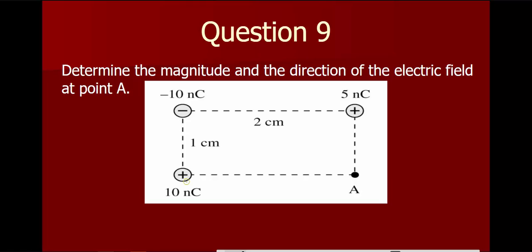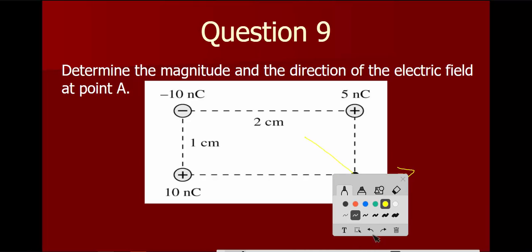So first off, let's look at these fields. So positive is gonna put a positive field here, right? This one is gonna attract or repel us? Repel, that goes out. And then this guy attract or repel?